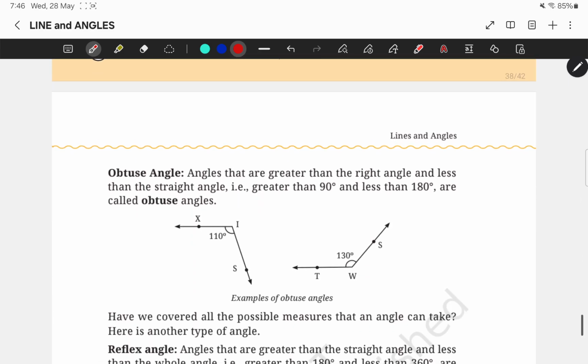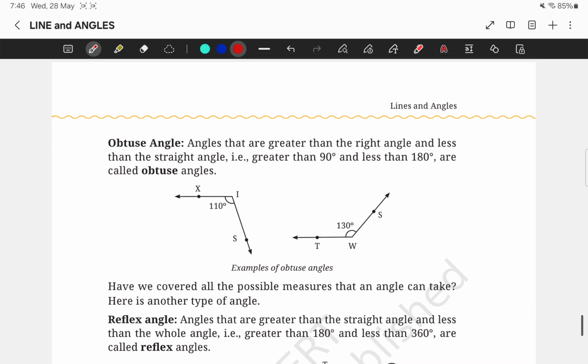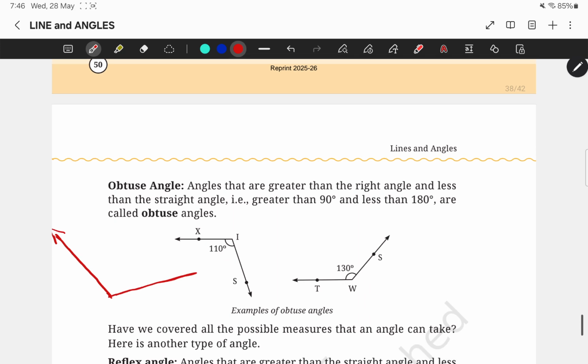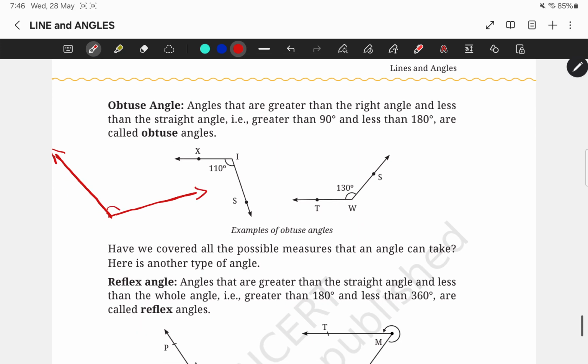And next I'm going to tell you about the obtuse angle. For the obtuse angle, again we are taking two arms. This gap between two arms is known as an obtuse angle.